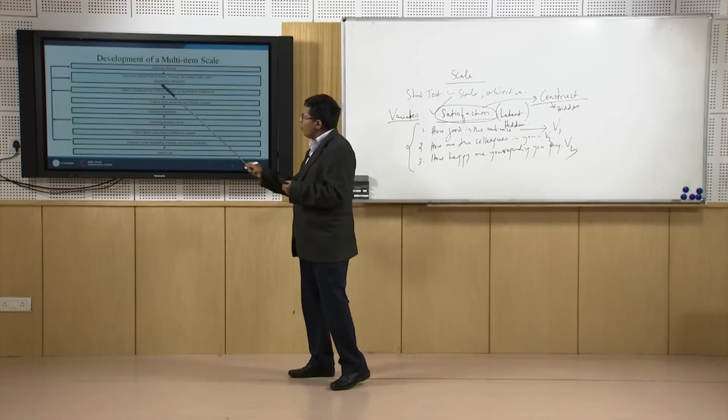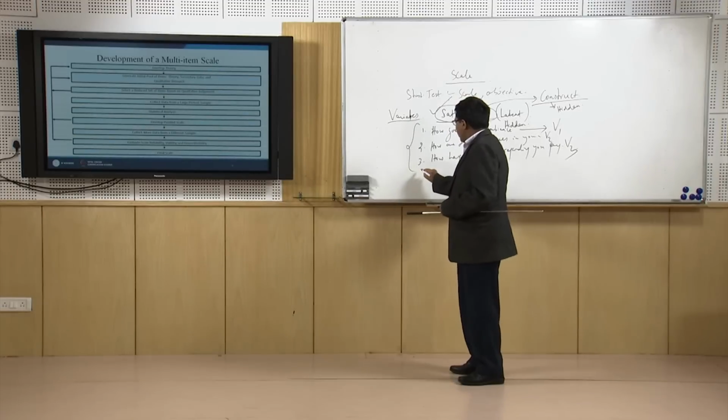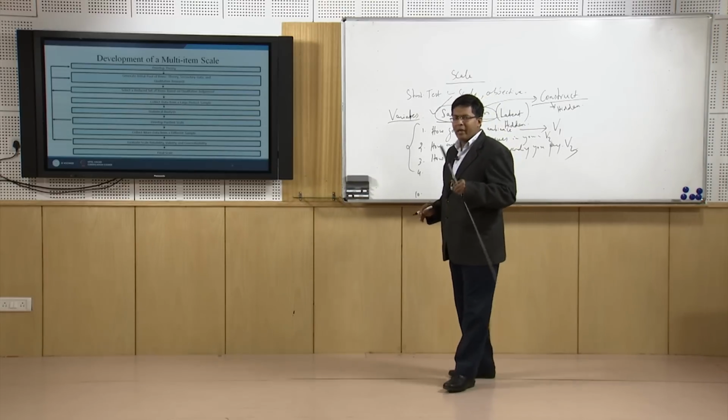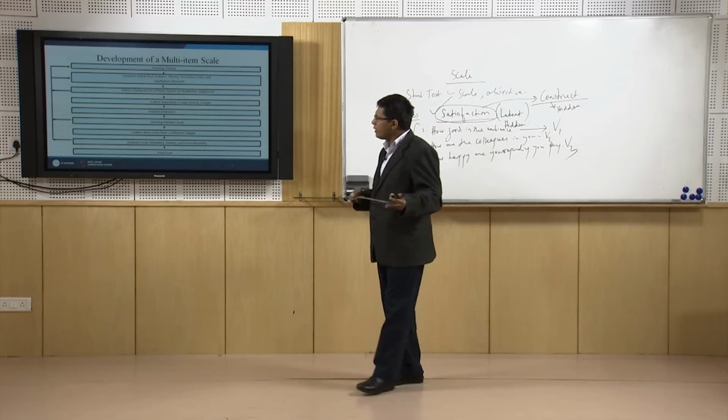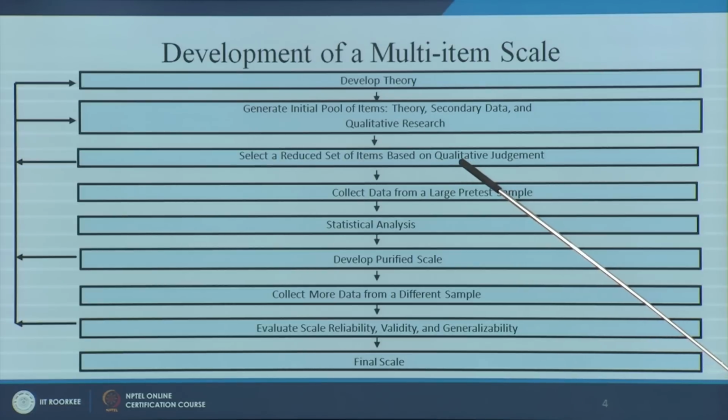After this, once you have a large number of items, suppose to measure satisfaction we have got a large number of items, let us say 10 items. Now the question is, all 10 might not be applicable. So there we do either a qualitative judgment, or some statistical measures like an exploratory factor analysis, which I will be explaining, a data reduction and summarization technique.